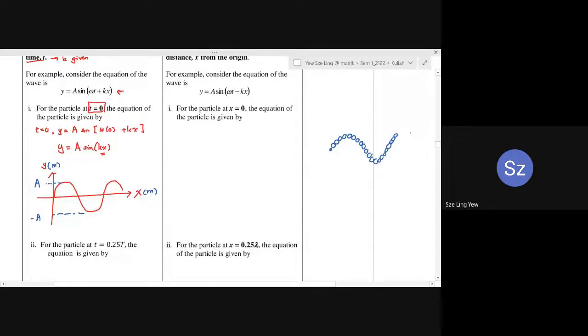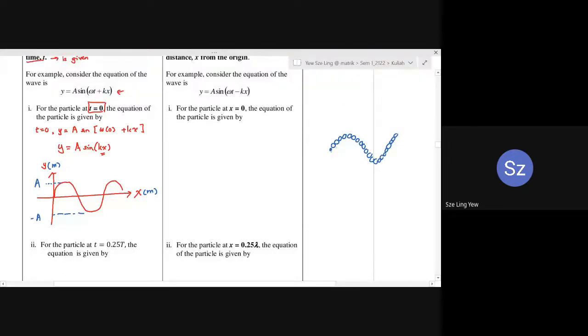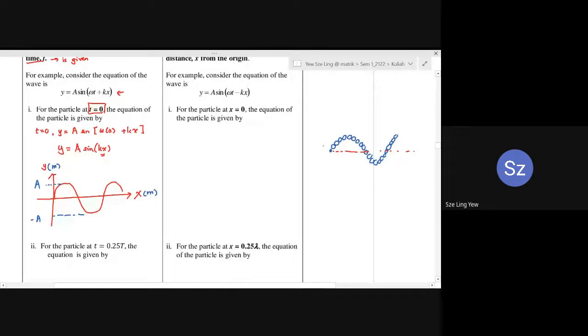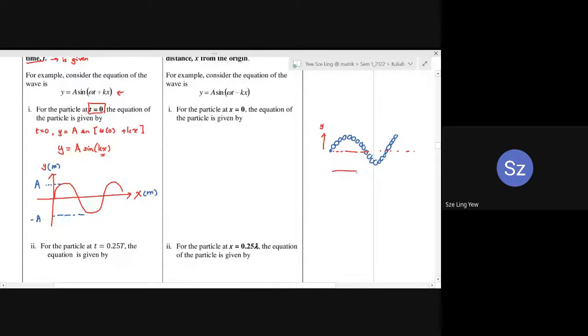All these particles are vibrating. This is our equilibrium position, so y is the distance from the equilibrium position. This is your y. And then x is the distance of every single particle from the source. This is your x.